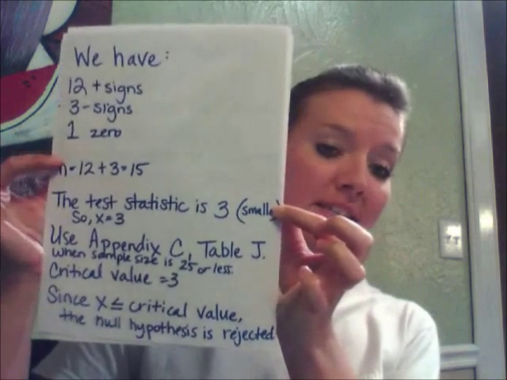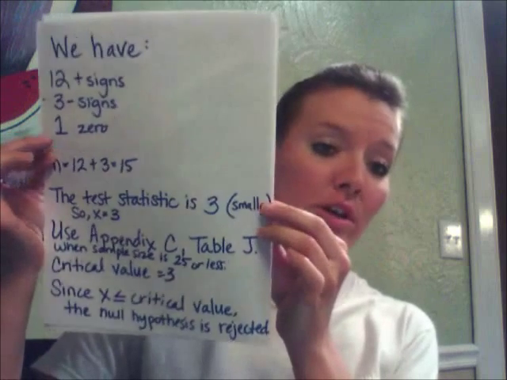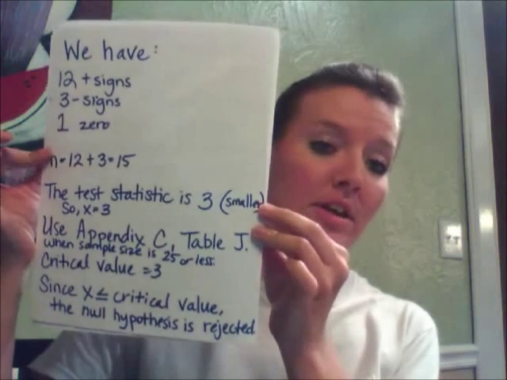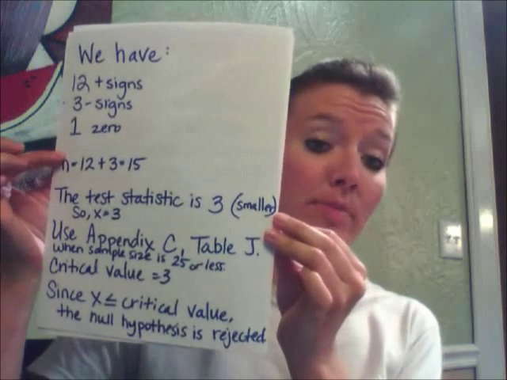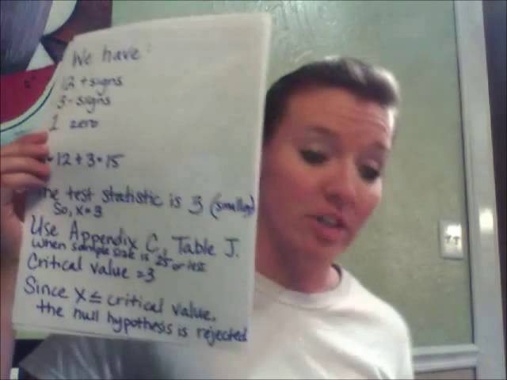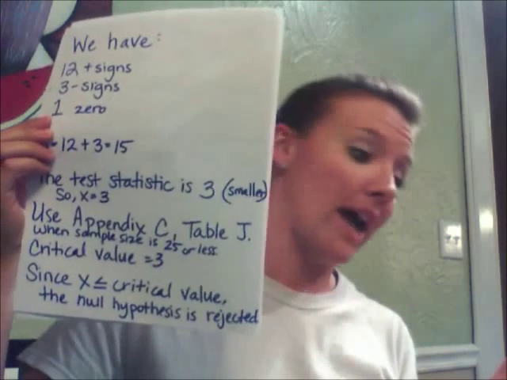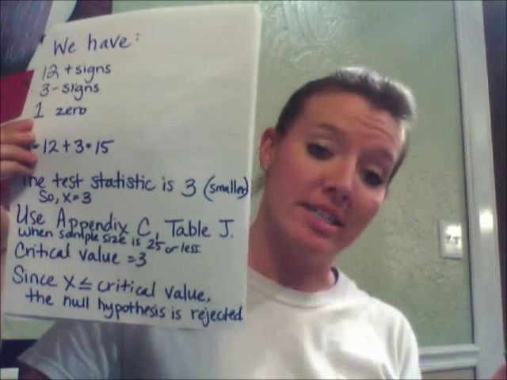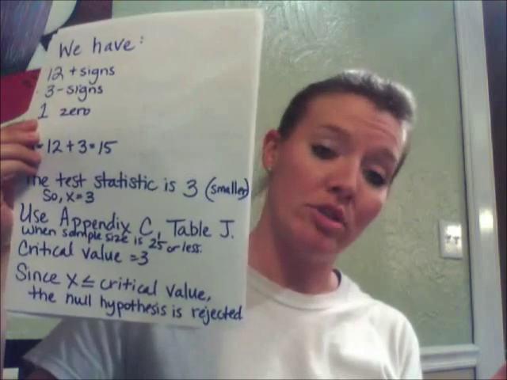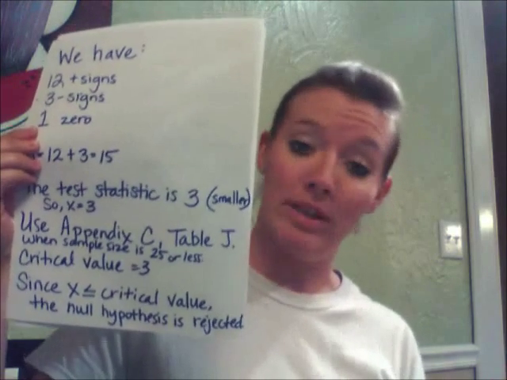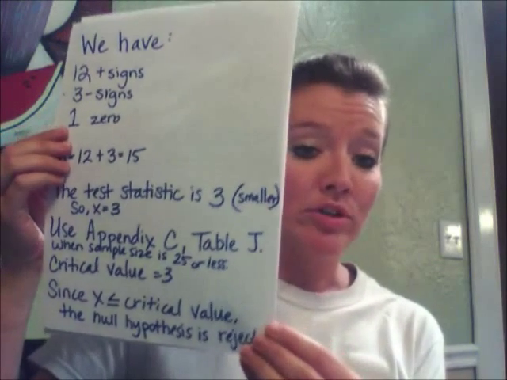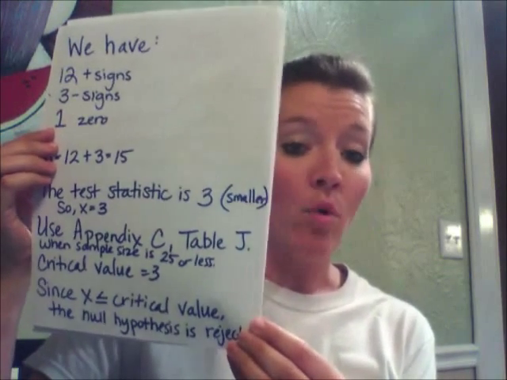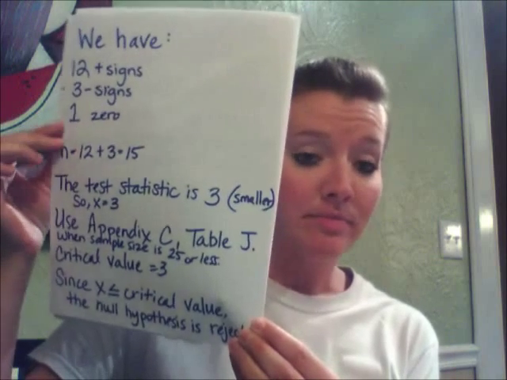The test statistic is 3 because it is your smaller number out of the minus and plus signs. Then you use Appendix C, Table J out of our textbook that we use in our class. It is Elementary Statistics: A Step-by-Step Approach, the 8th edition by Bluman. You use that table when your sample size is 25 or less, which ours is.